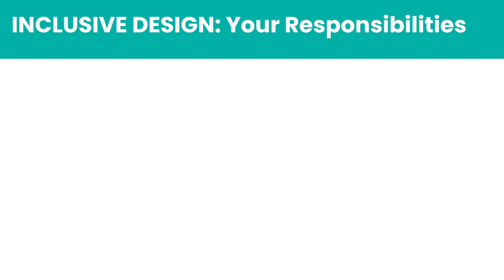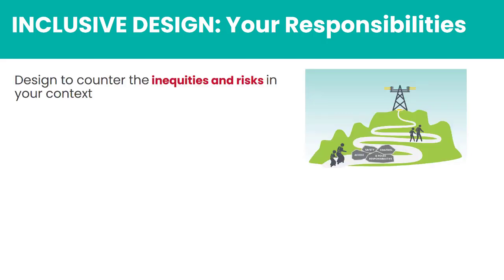So to sum up, your 2 main responsibilities when designing humanitarian programs for inclusive energy access are, first, to keep in mind that you'll always be designing and implementing programs in the midst of inequalities and power imbalances. It's your responsibility to understand what they are, not exacerbate them, and work to level the playing field using energy whenever possible.